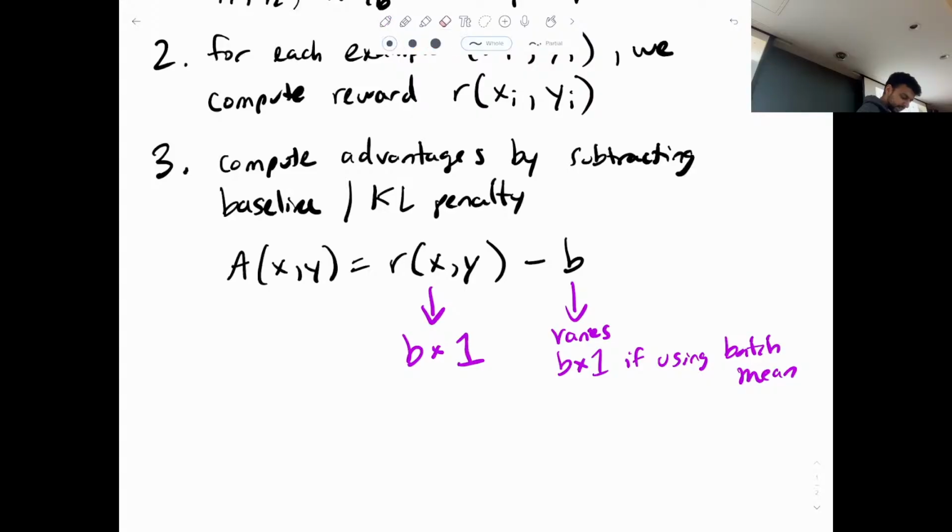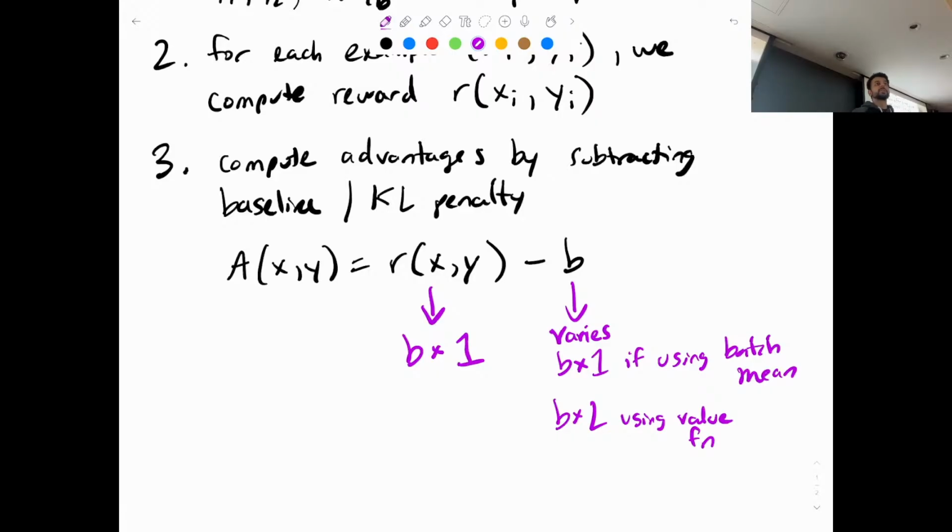In the traditional PPO RLHF implementation, it would be batch size by L. Every single token in the batch gets a separate baseline score, and that's if you're using the trained value function or critic model that we discussed last time.